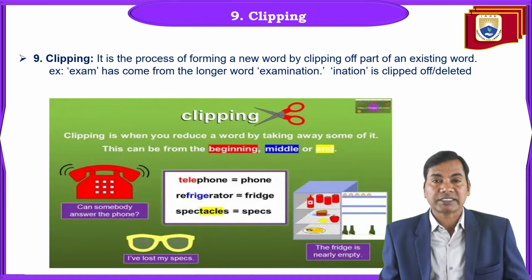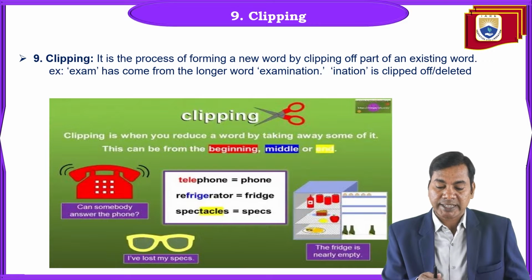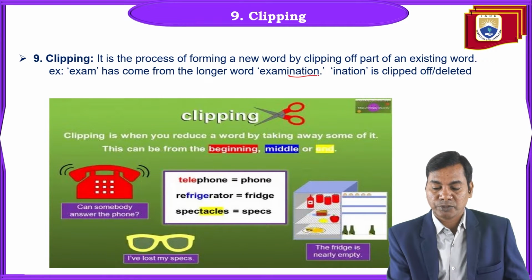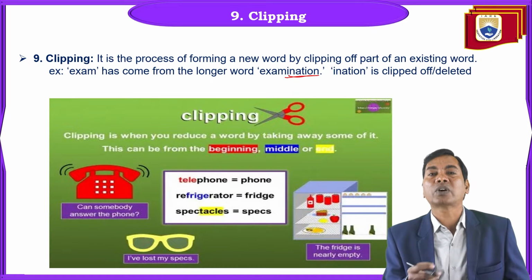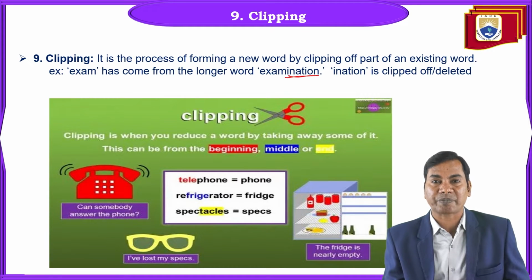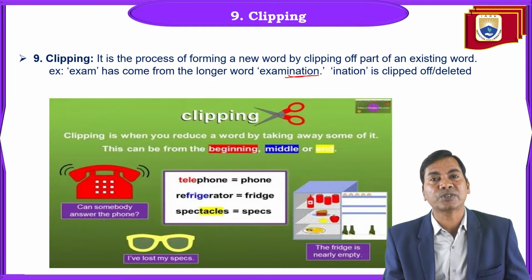So for example, we got the word exam from the longer word examination. Here we have cut the last part of the word, INATION. This is clipped off, cut off to create the new word exam. The word exam has come from the word examination. How did we get the word exam?